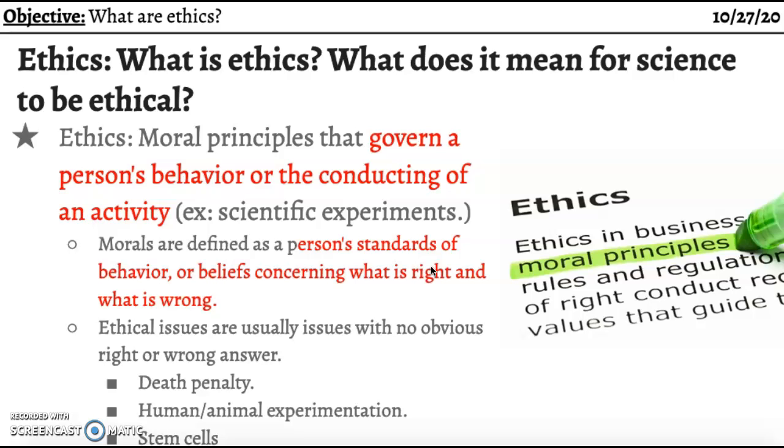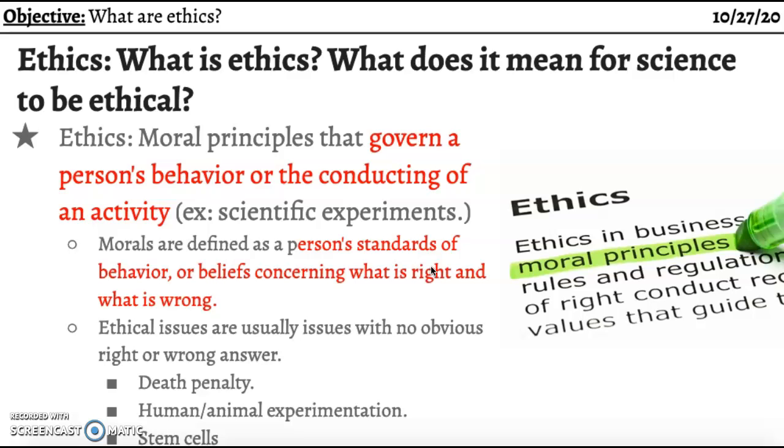When we talk about ethics, ethics are the moral principles that govern a person's behavior or the conducting of an activity, for example, scientific experiments. When we're doing scientific experiments, we need to consider what is right and what is wrong.